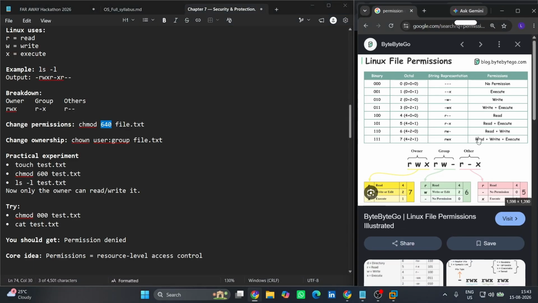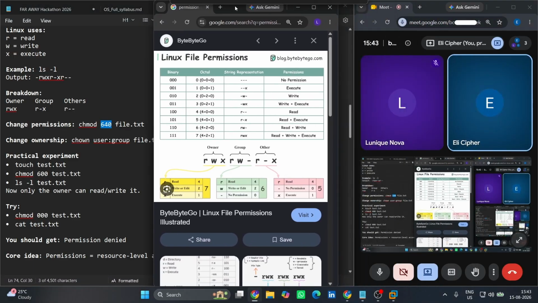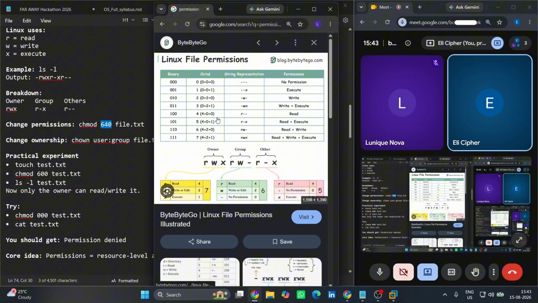Let me take, okay, you have this in front of you, right? What should be the number instead of 604? Firstly, did you get what this number signifies or not?